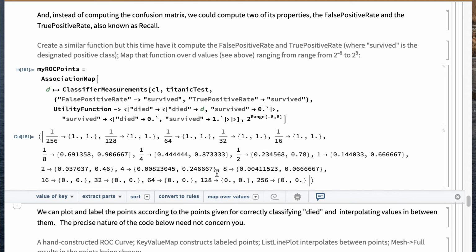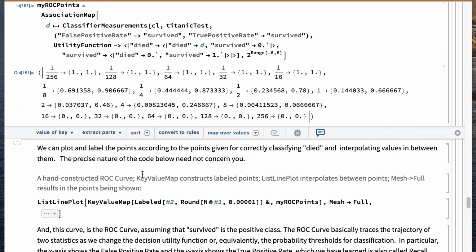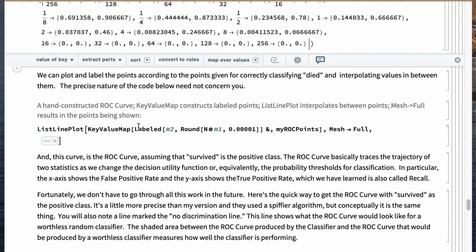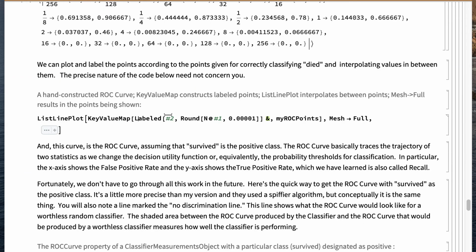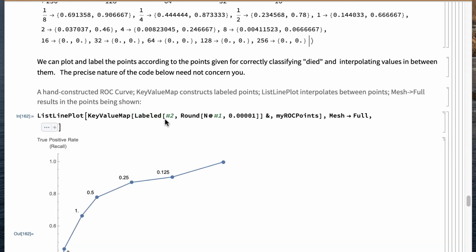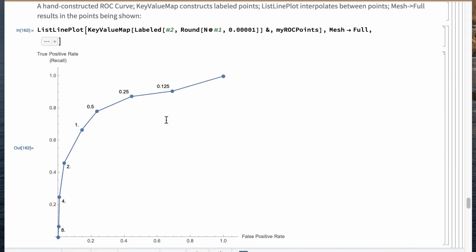Done, it did it. And now I've got a bunch of points, and now I can plot them. So don't worry about this code. This is just to plot it and label it. And see this curve? It goes from 0, 0 all the way up to 1, 1. That curve is the receiver operating curve.